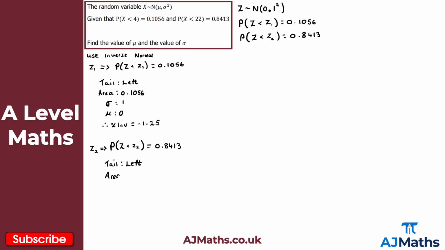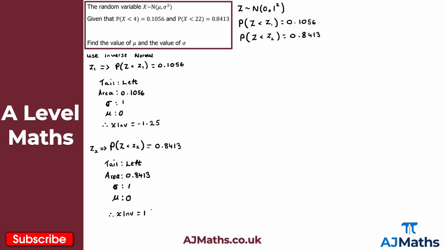The area is just this value here, 0.8413. The standard deviation for a standard normal distribution is 1 and the mean is 0. Then I just press enter, and this gives me x inverse. So the tail is left, the area is 0.8413, the standard deviation is 1, and the mean is 0. For x inverse here, what I get is 1, if I round that.